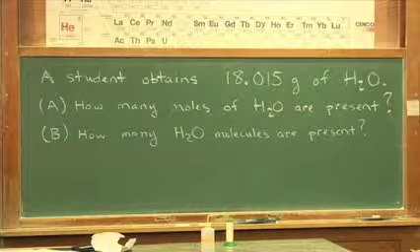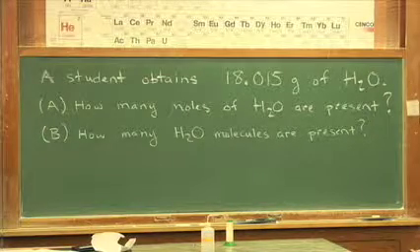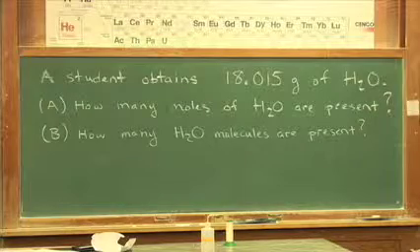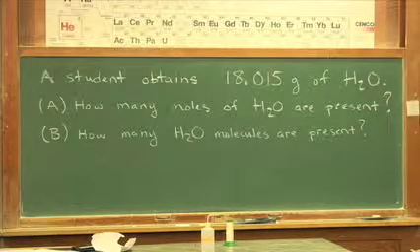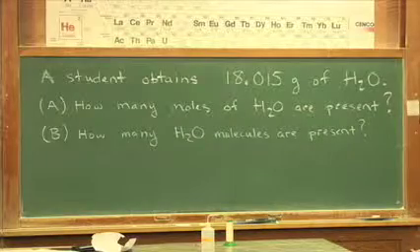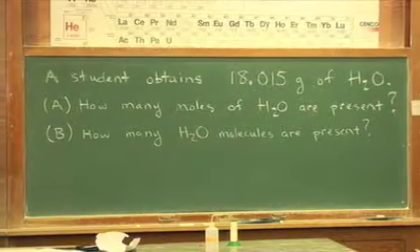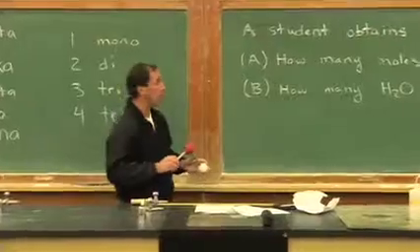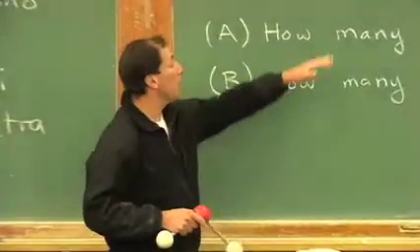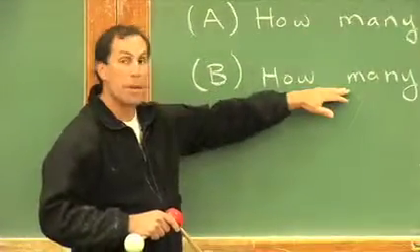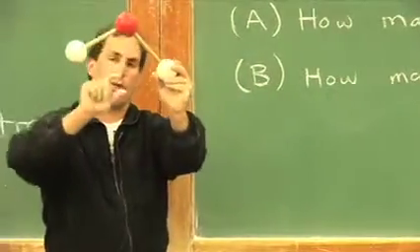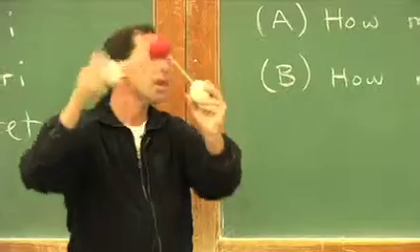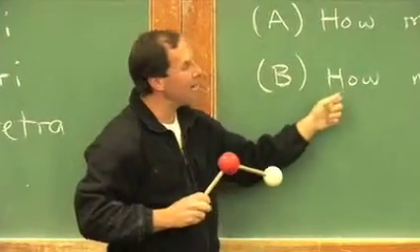And I picked this number on purpose. Yes, it looks like it's an obscure number, 18.015 grams of water, but it'll turn out to be very, very helpful. So a student obtains a little more than half an ounce of water, 18.01 grams. Well, using 6.022 times 10 to the 23rd, or Avogadro's number, a very powerful tool, we can calculate eventually how many water molecules, H2O, very, very small though, can't see them, are present in the test tube.